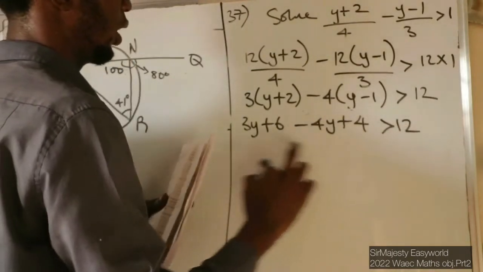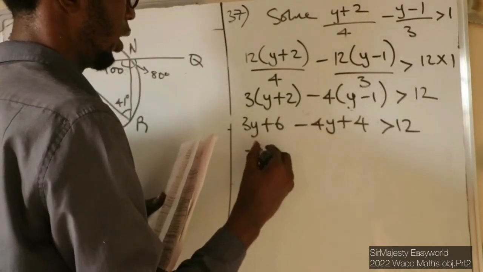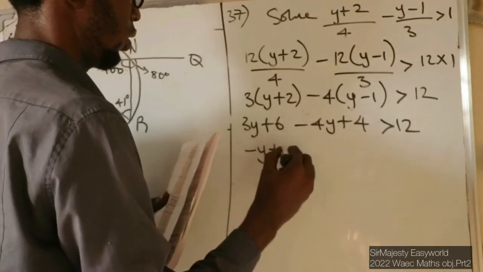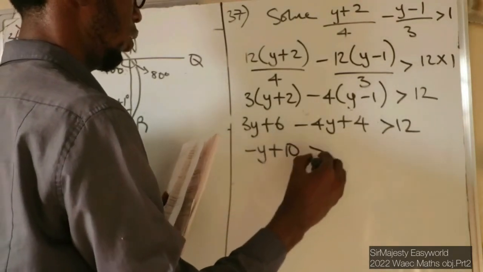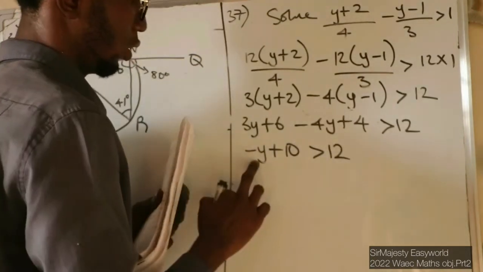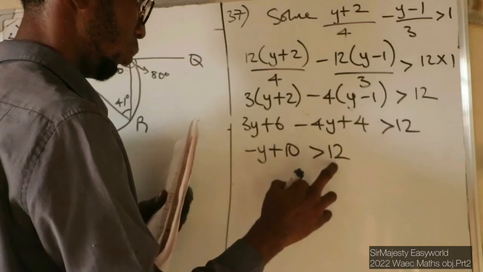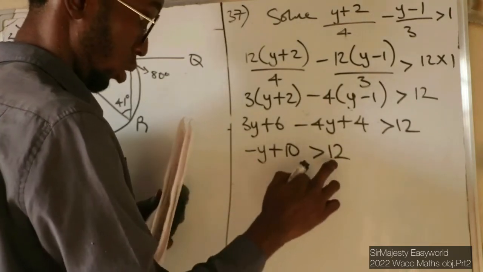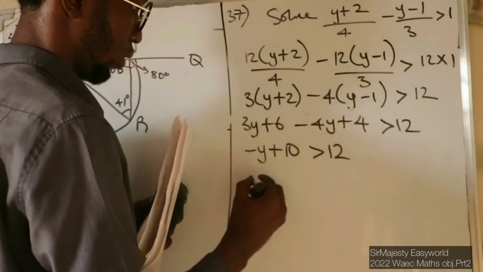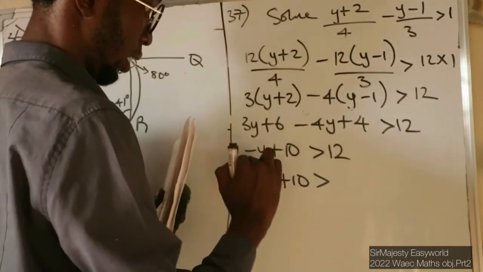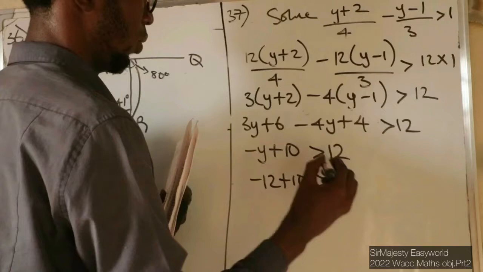Then we collect like terms. 3y minus 4y gives us minus y. 6 plus 4 is 10, greater than 12. Since our y is negative, we move it to the other side to make it positive, and move the 12 to the other side. So 12 becomes minus 12 plus 10 is greater than, and minus y becomes y.